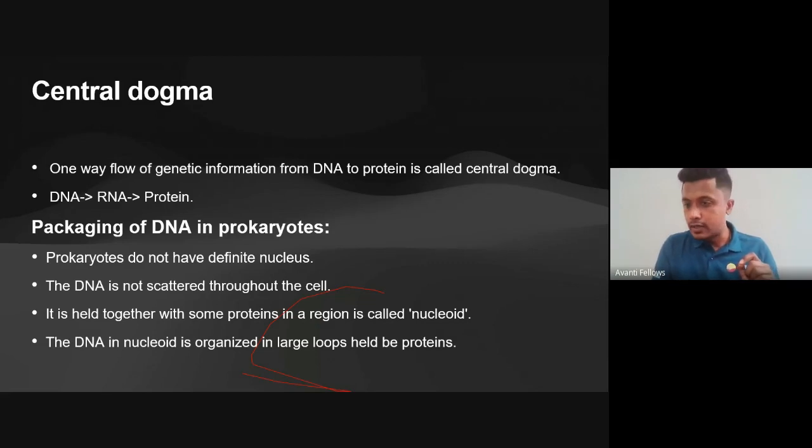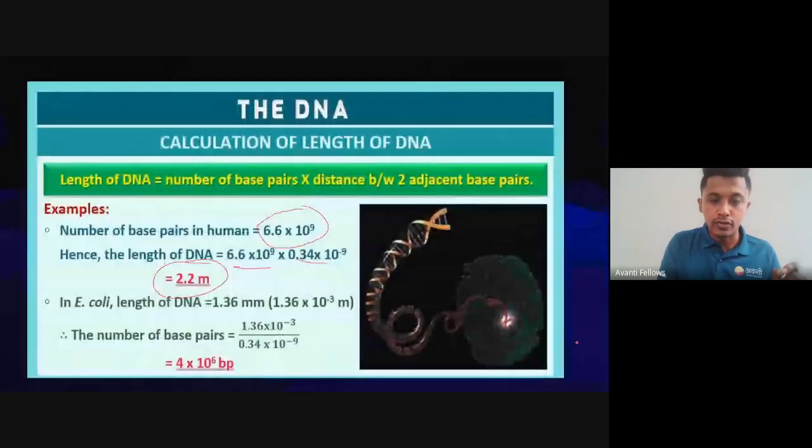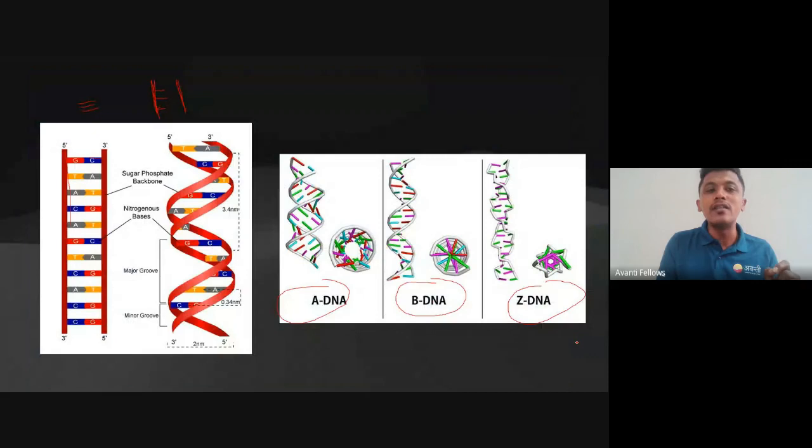Okay. So let me go back before we go into the central dogma. What is a major groove and what is a minor groove? You just have to observe this picture. Can you see this part is exposed? And can you see the other part, how much of the base pairs are exposed?